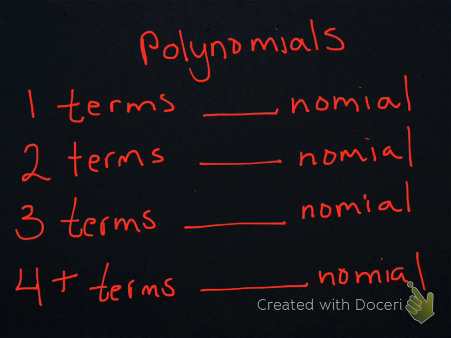So now, let's fill in the blank of the one that we already know. We already know that the 3 term is called the trinomial. Think of your prefixes that mean the number that you see here, and let's fill it in. So 1 term is, do you know it?